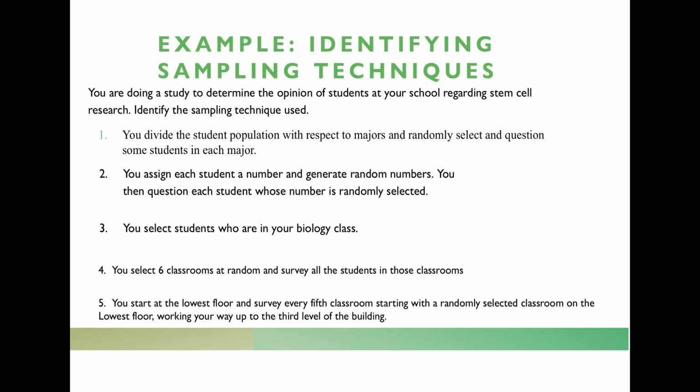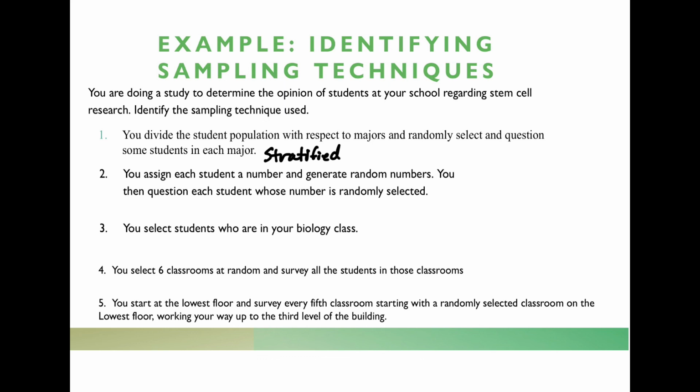So what kind of sampling technique is that? For that particular sampling technique, this would be the stratified technique. We've divided them into groups. Basically, the majors are the groups, and then we're randomly selecting from each of those groups. That's a stratified sample there.